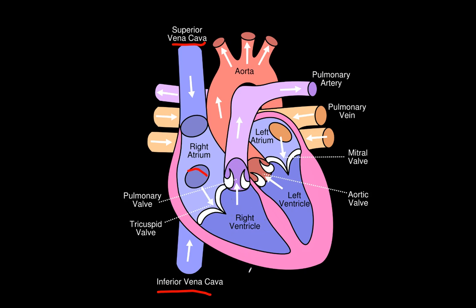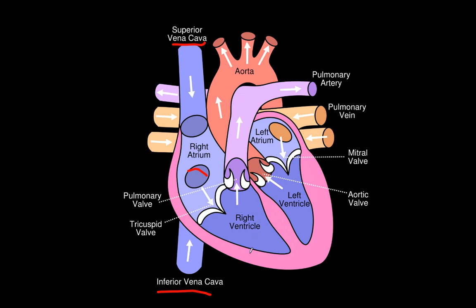Once that happens, now we have this valve open. We are now going to contract the right ventricle, and it's going to push blood out. And again, the pulmonary artery comes out of the right ventricle. And again, this pulmonary valve is going to remain closed as long as the pressure in the pulmonary artery exceeds that in the right ventricle.